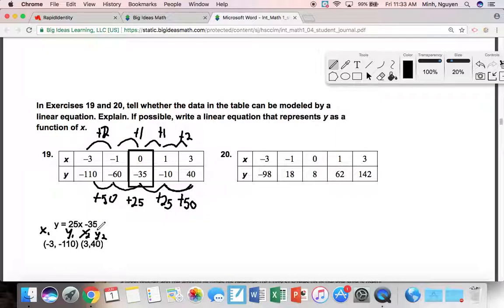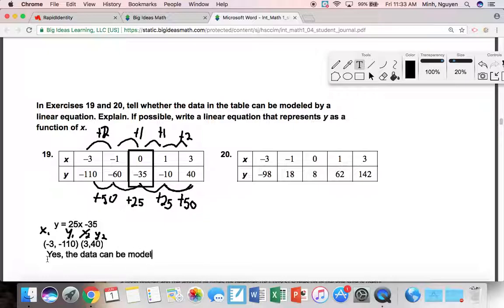Okay, so sorry, it asks you to explain. So how will I explain this? Yes, the data can be modeled by a linear equation because it is constantly increasing by 25.